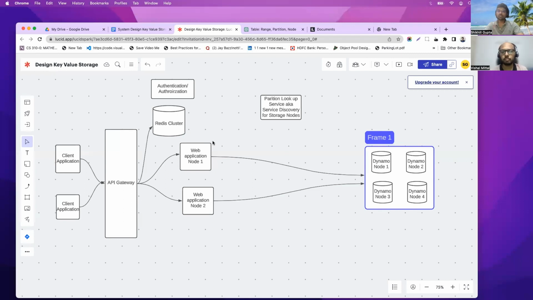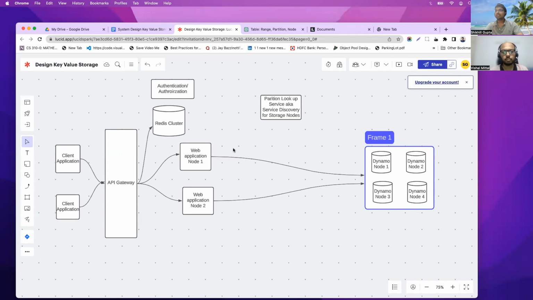But given a key, which data node will it be using? There is a very important role of the partition lookup service here. How does the web application node know which node it has to connect to given a key?